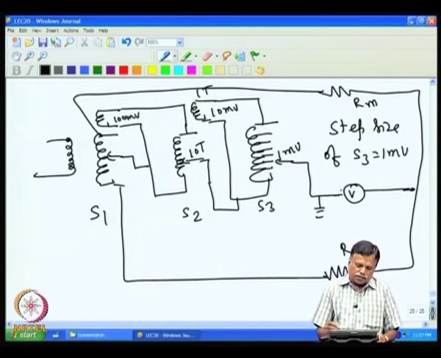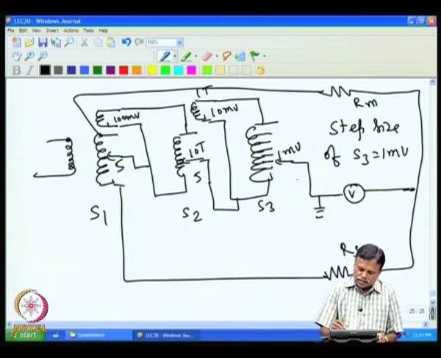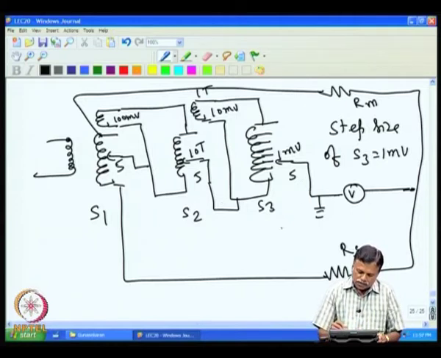Now, for example, if I keep this one at 0.5, the midpoint is at 5, and if this is at 5 and this is at 5, then if I look at the voltage across this, it will be 0.55, and the voltage at this point will be 0.555.